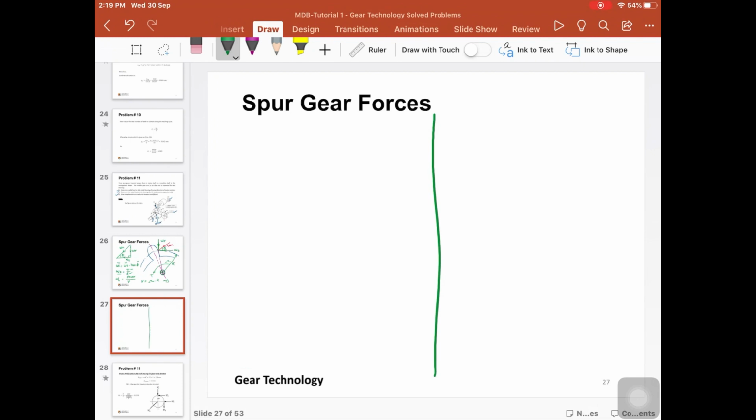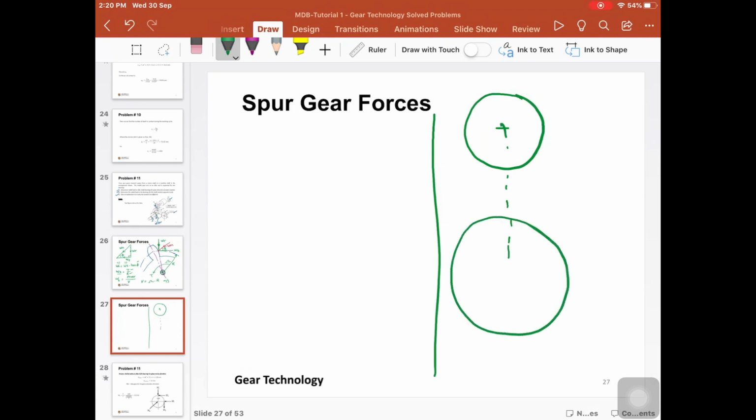Right. So what I'm going to do now is try to draw the free body diagram of these three gears. We have here the pinion, then the idler gear, and then the output gear.